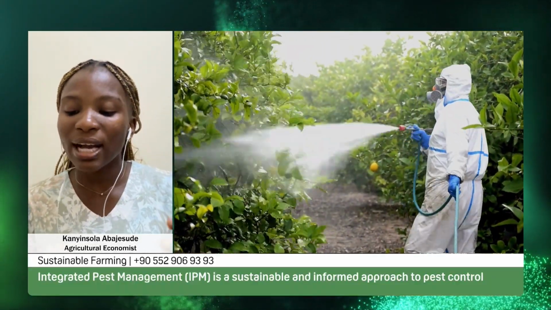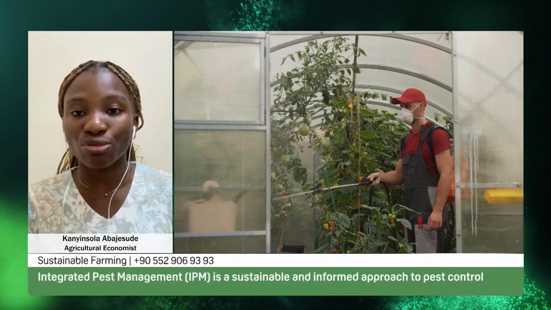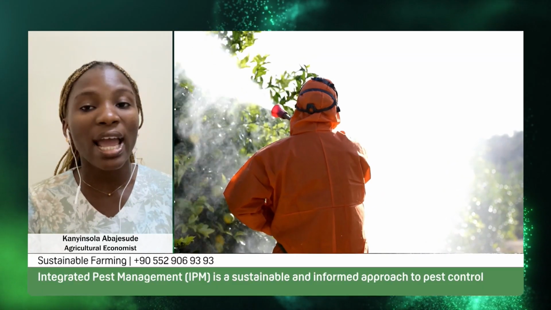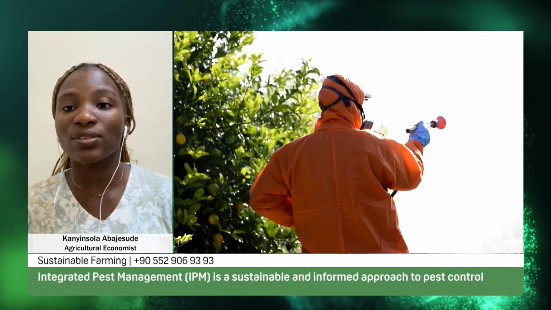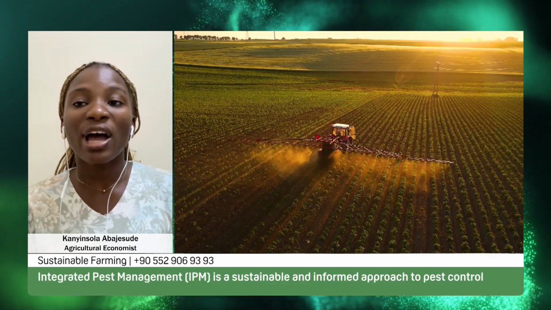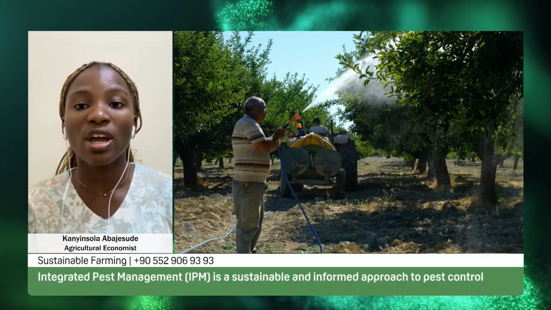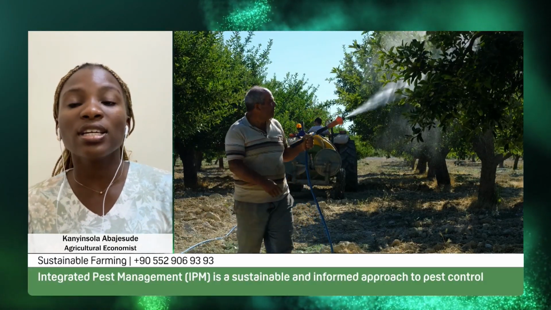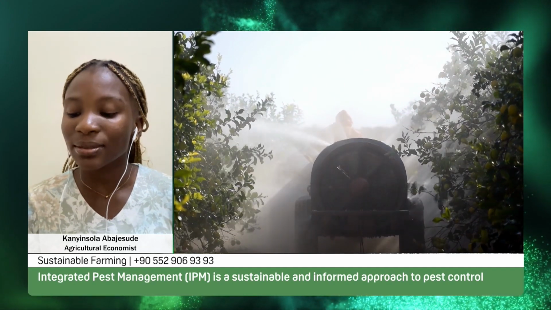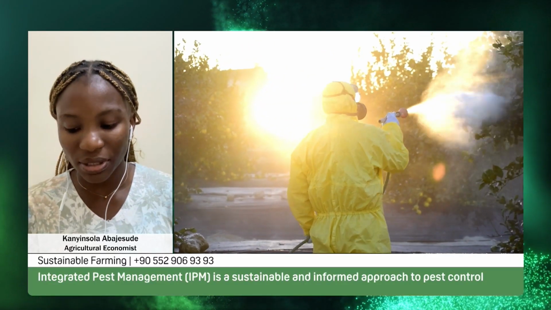Also mechanical control like picking the pests and setting traps or barriers, and cultural practices like crop rotation, early planting, using pest-free seeds. Only use chemicals when it is necessary. You don't have to depend on chemicals. The main aim of Integrated Pest Management is to ensure that you only use chemicals when necessary.